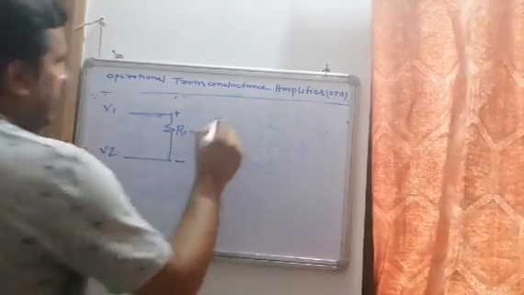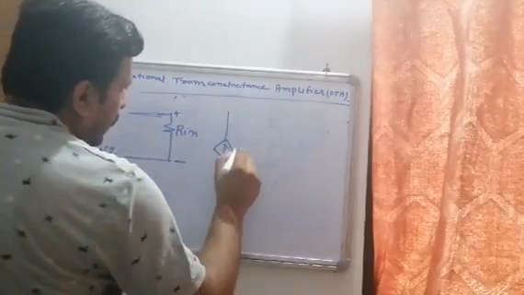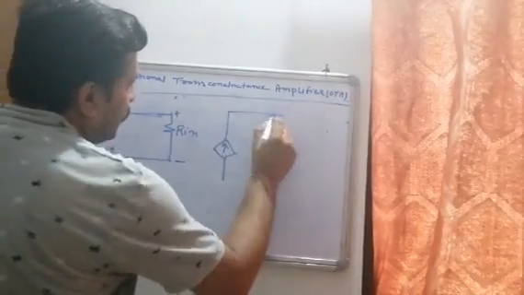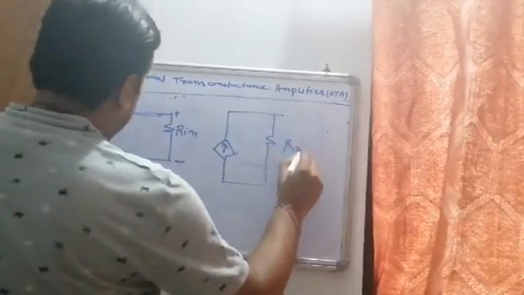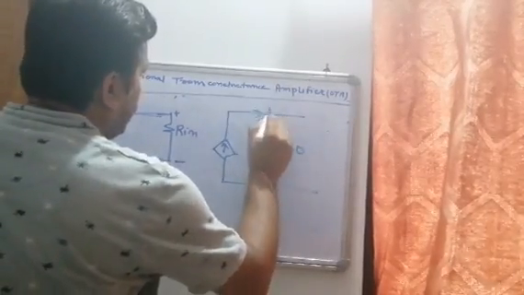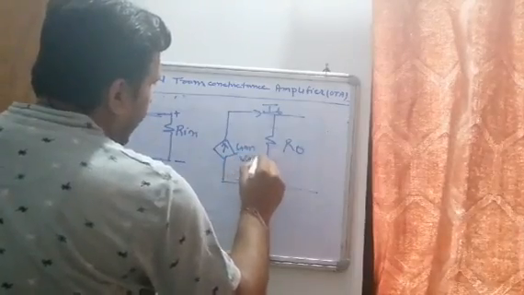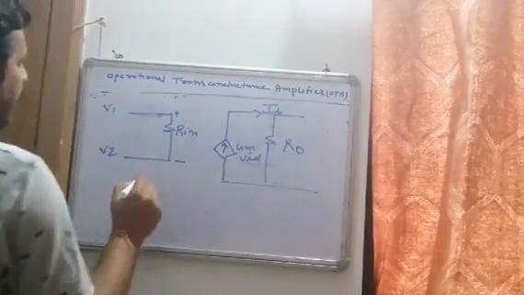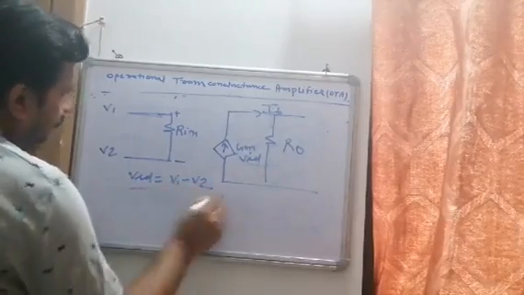resistance, and output behaves like a current source, R0, I0 and GM VID, where VID is V1 minus V2.